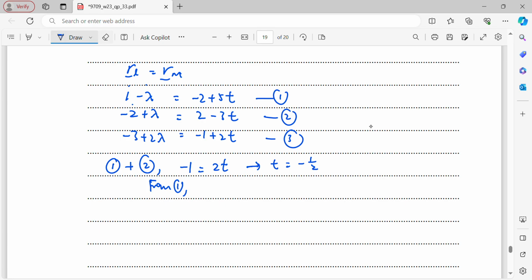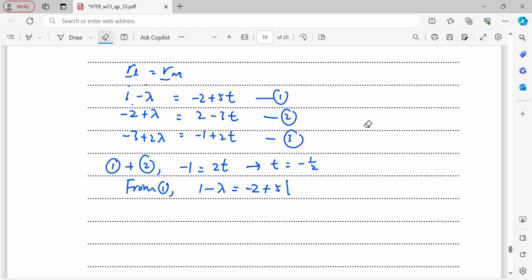From the first equation, I am using the first equation, so it will be 1 minus lambda equals to -2 plus 5t.